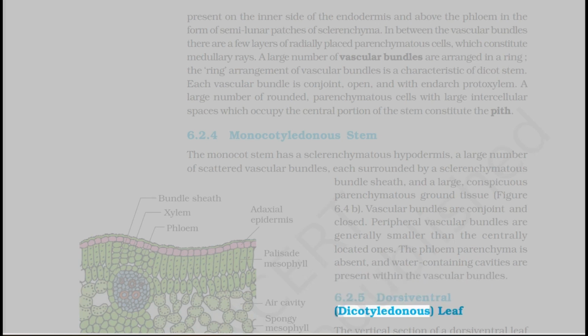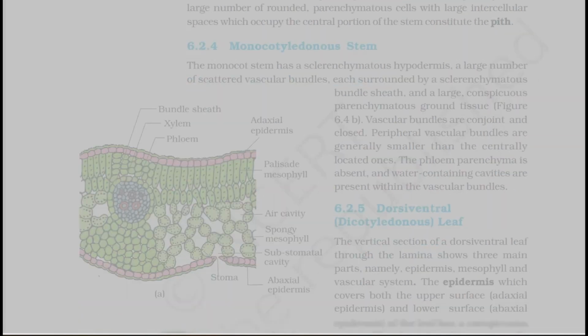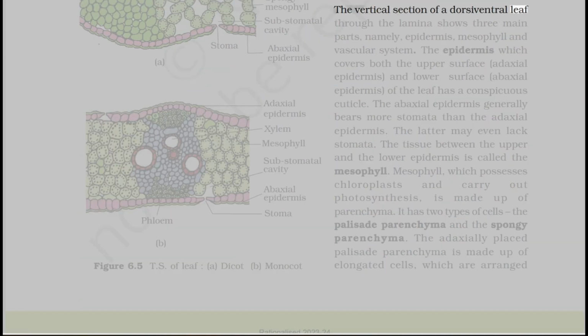6.2.5 Dorsiventral, dicotyledonous leaf. The vertical section of a dorsiventral leaf through the lamina shows three main parts, namely epidermis, mesophyll and vascular system. The epidermis, which covers both the upper surface, adaxial epidermis, and lower surface, abaxial epidermis, of the leaf, has a conspicuous cuticle.